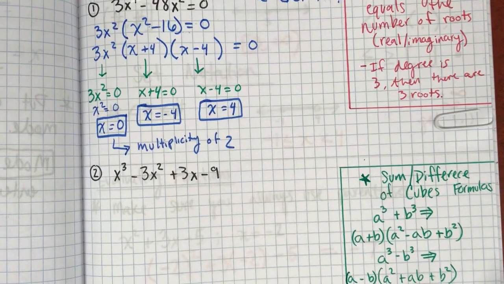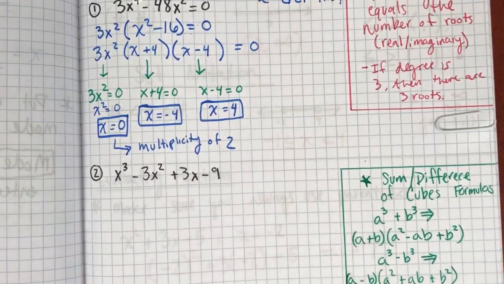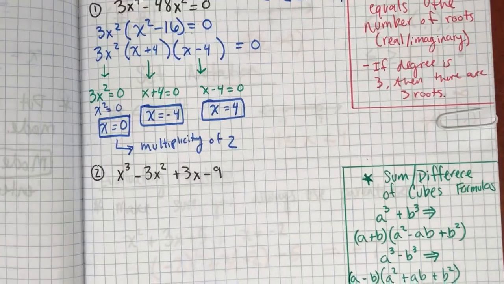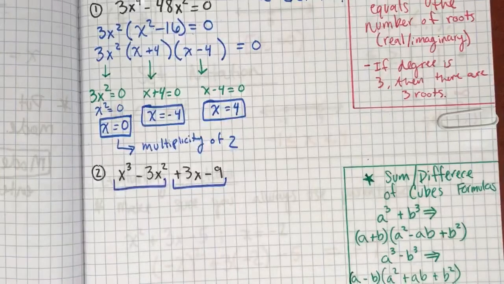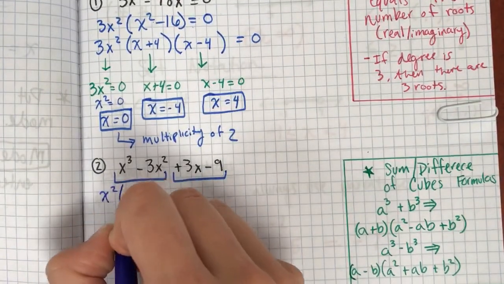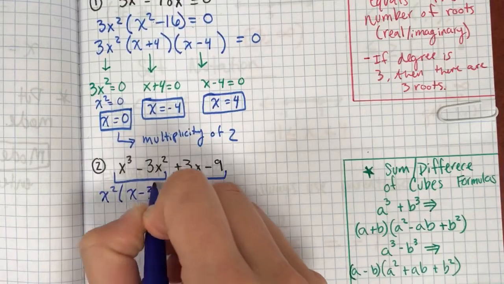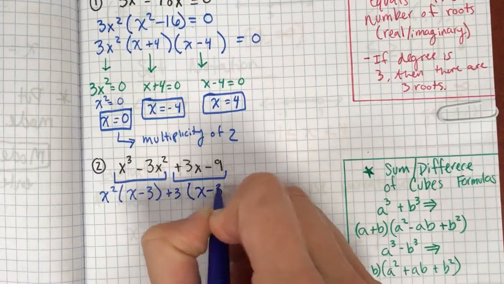All right, our next question, we are going to have hopefully 3 roots because it is a cubic function. So with this, we can factor by grouping because there are 4 terms. The GCF of my first would be x squared, so I'd be left with x minus 3. If I take out a positive 3, I'm left with x minus 3.